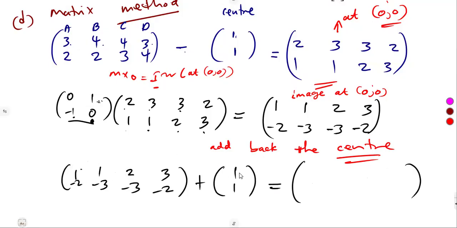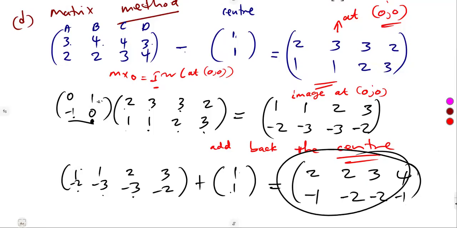So 1 plus 1, that was going to be 2, 2 plus 1, which is 3, 3 plus 1, there, that was 4. Negative 2 and 1, that's negative 1. Negative 3 and 1, that's negative 2. Negative 3 and 1, negative 2, negative 1. So this is what we're going to have.